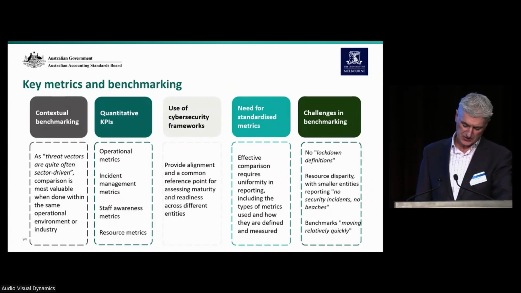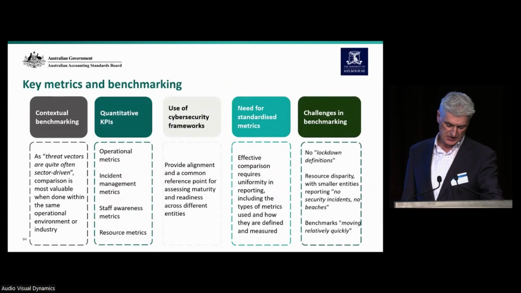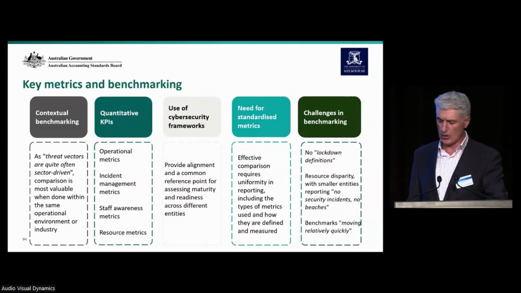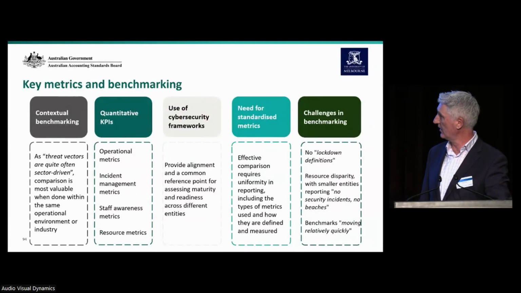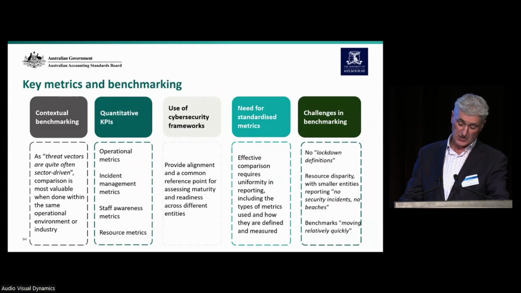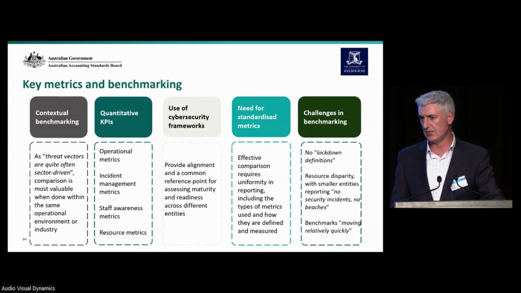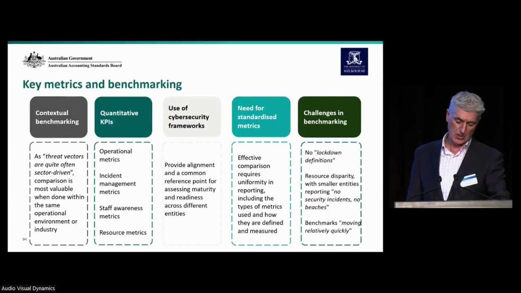Staff awareness metrics, such as the frequency of internal testing, staff training completion rates, and potentially staff who opened internal phishing tests. These are of relevance to investors. And finally, resource metrics such as dollar spends on training, infrastructure, uplift programs, and even full-time staff devoted to cyber.